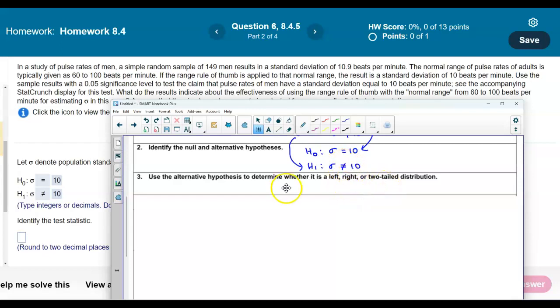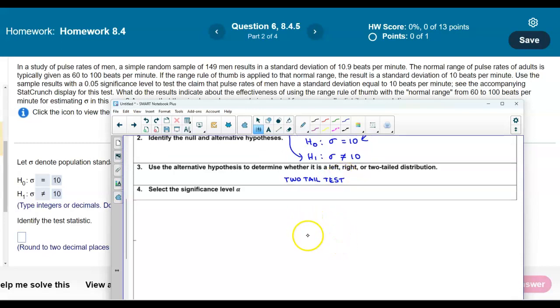Since it's not equals, this is a two-tailed test. In step number 4, identify the significance level. We're testing at a 0.05 significance level, so alpha is equal to 0.05.